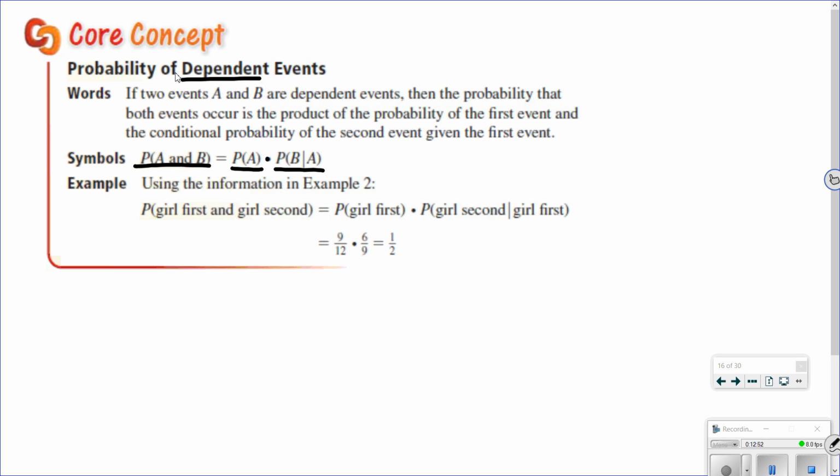So here's the example, using that example I just gave you, right? The probability of a girl first and a girl second. I first just find the probability of getting a girl first. And these numbers are going to be different because this is a different problem the book used. That was 10 out of 20 on our problem. Then I times it by the probability of getting a girl second, given that I already got a girl. So if I already took out a girl's name, I only have 9 girl names left, and I only have 19 total names.